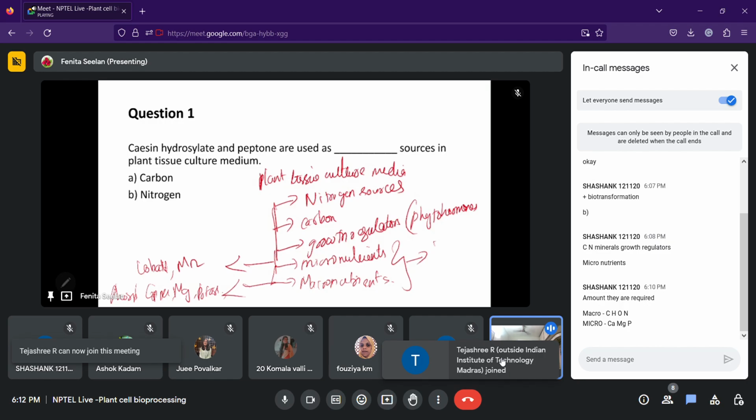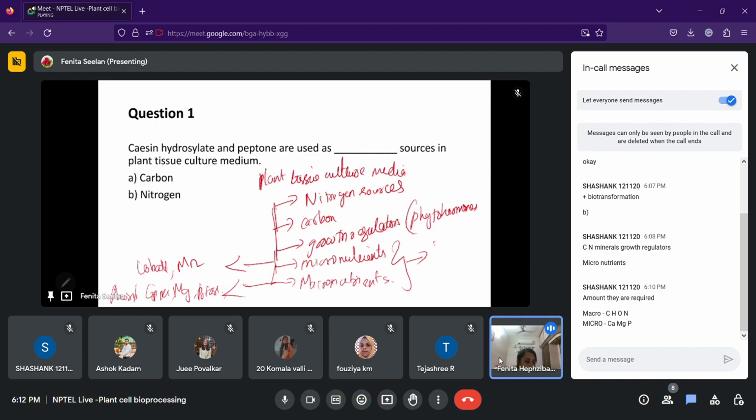N stands for nitrogen, P for phosphorus, K for potassium. These are macronutrients, along with nitrogen, being added to the soil to aid in plant growth. We are giving it in the form of fertilizer.